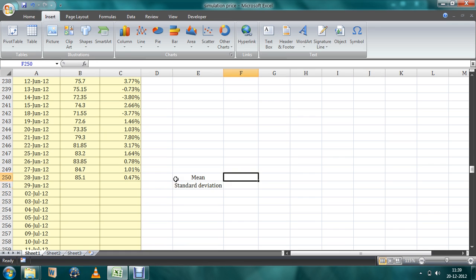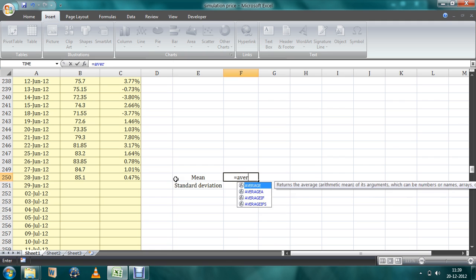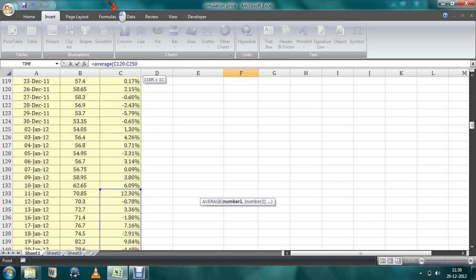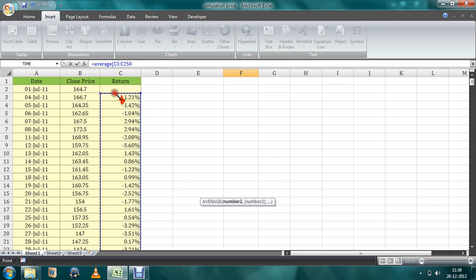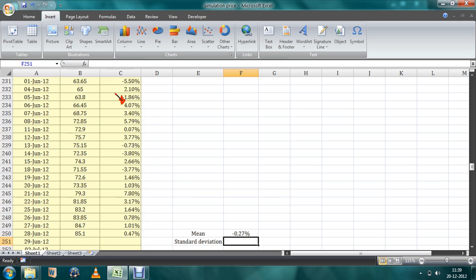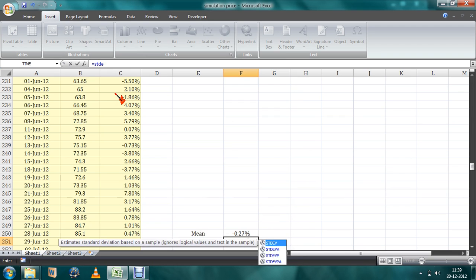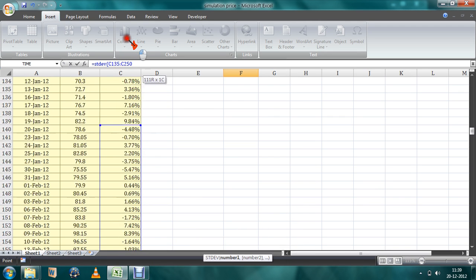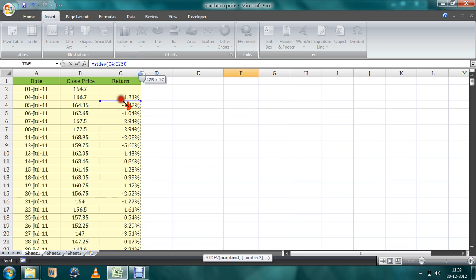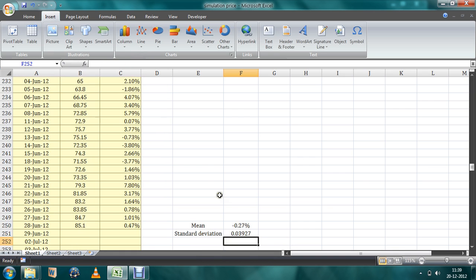Now, how to calculate the mean: using the average function, the mean is the average of all returns. And the standard deviation uses the function stdev, the standard deviation of all returns. This is the standard deviation, and this is the mean.